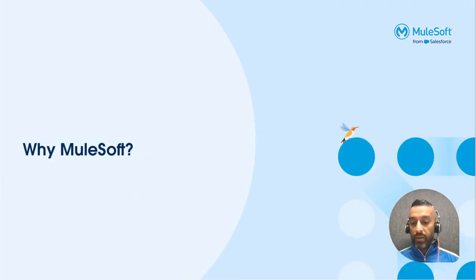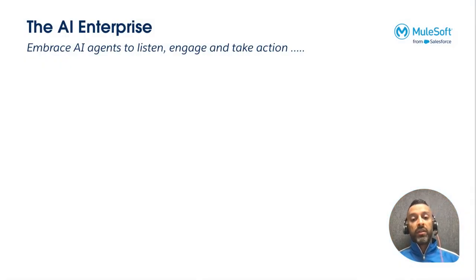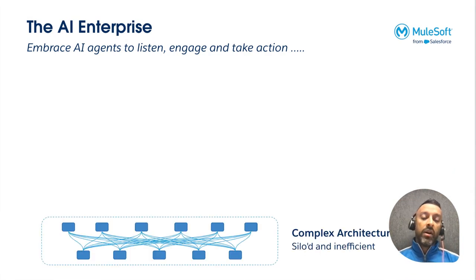MuleSoft has been playing in this innovation stream for quite a while, and we have enabled organizations to be innovative by becoming composable. And composability doesn't go away. You always start with composability. And here we are talking about an AI enterprise. Almost every organization has this in-house: you have some type of complex architecture.